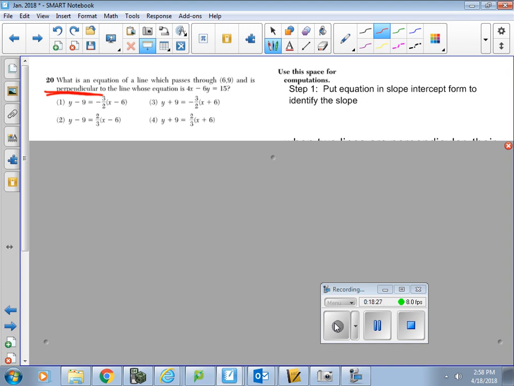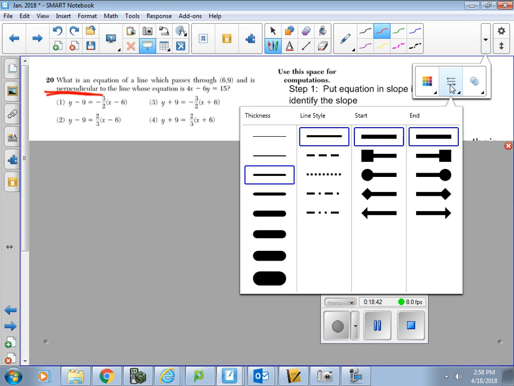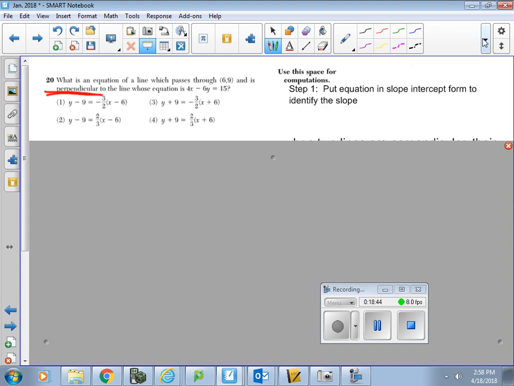So the first step I would say is let's take this equation and put that in slope-intercept form so we can easily identify the slope. So I'm going to just move the 4x to the other side. So that's going to end up being negative 6y is equal to negative 4x plus 15.